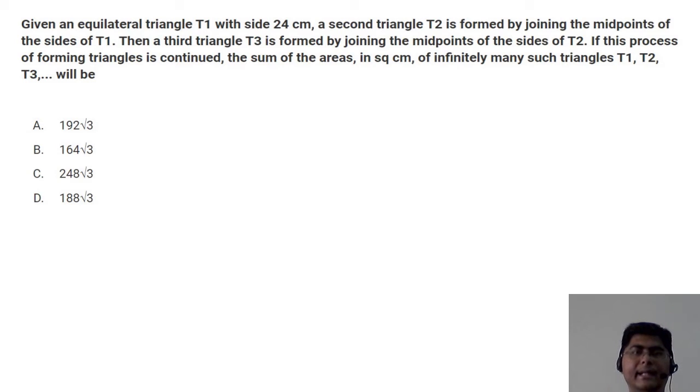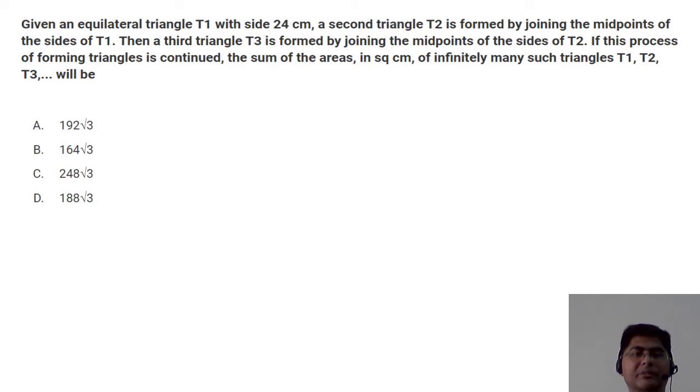Okay, let's take another CAT problem. The question is on your screen. As you can see, the question is, given an equilateral triangle T1 with side 24 centimeter, a second triangle T2 is formed by joining the midpoints of the sides of T1. Then a third triangle T3 is formed by joining the midpoints of sides of T2.